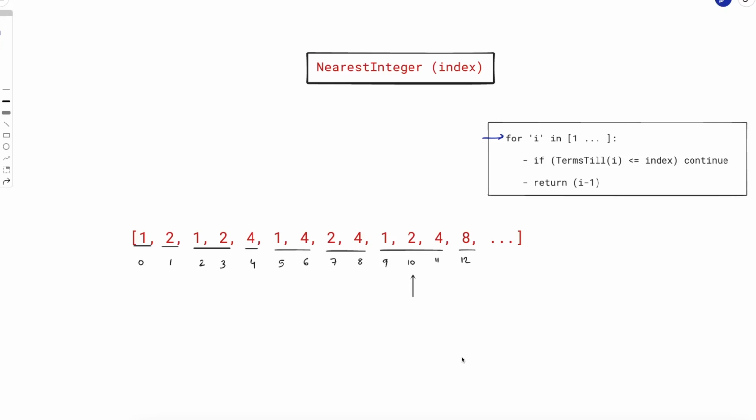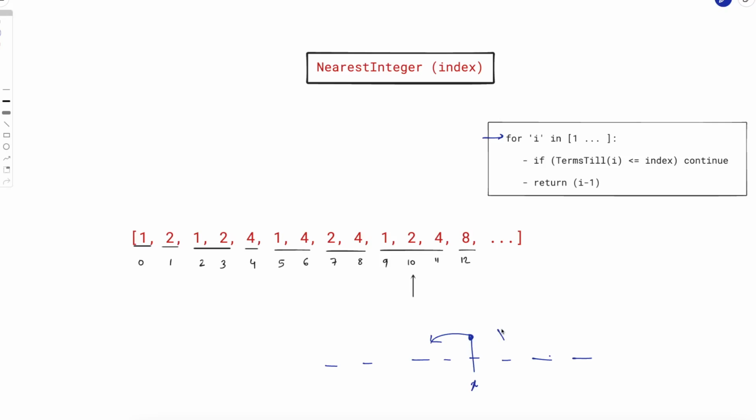And how to figure out that? Let's say we have a sample space. You will simply do a binary search, that is, divide this sample space into half, and figure out the total number of terms up till this integer x, right? And if the total number of terms is greater than this index, then you know that what you're looking for is in the left.